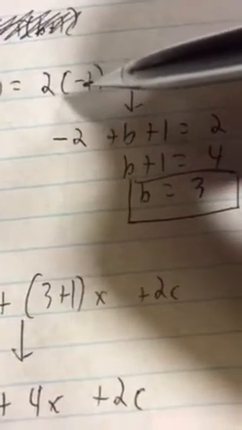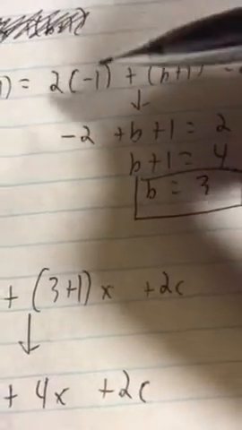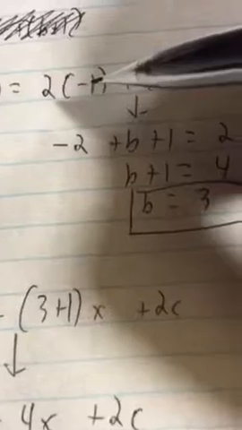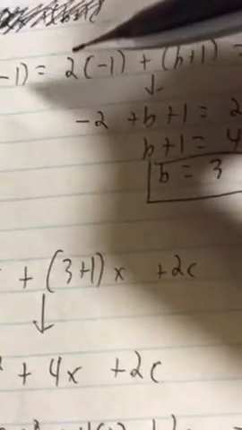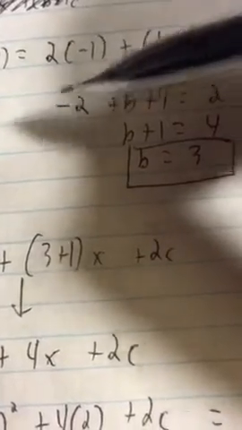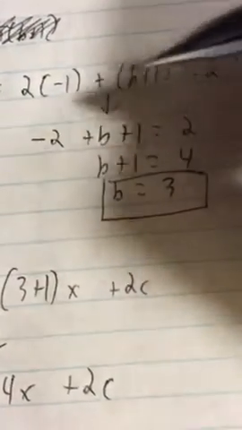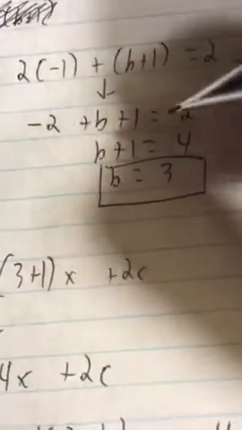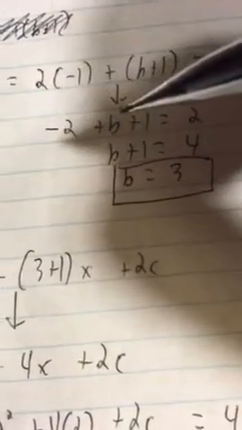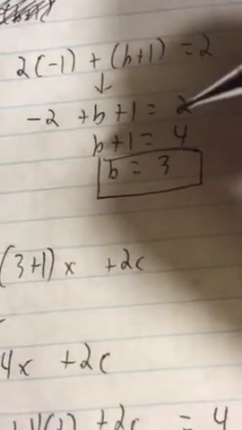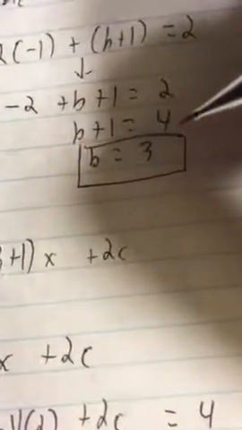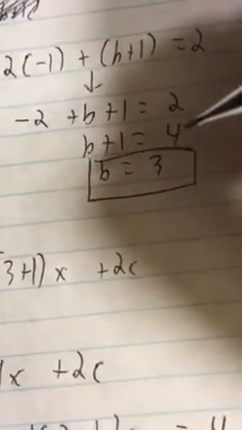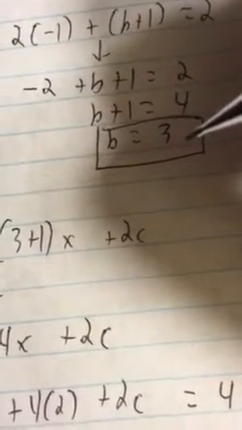So 2 times where x is, negative 1, plus b plus 1 equals 2. 2 times negative 1 becomes negative 2. So it's negative 2 plus b plus 1 equals 2. Simplify, add 2 to both sides. B plus 1 equals 4. Subtract 1 from both sides. B is equal to 3.